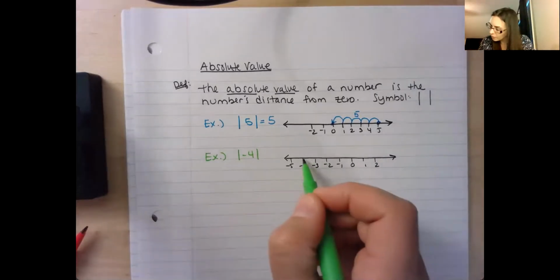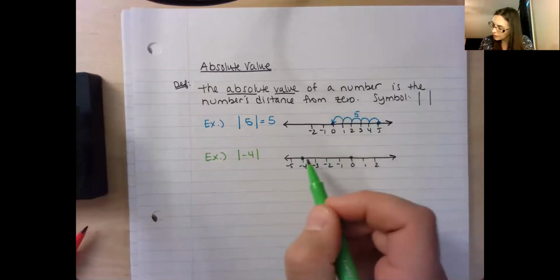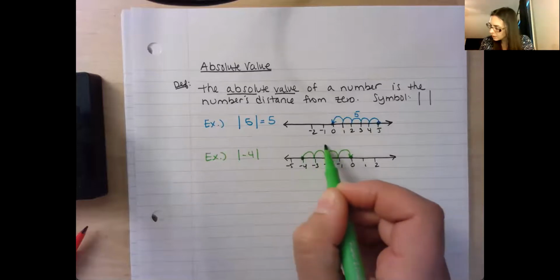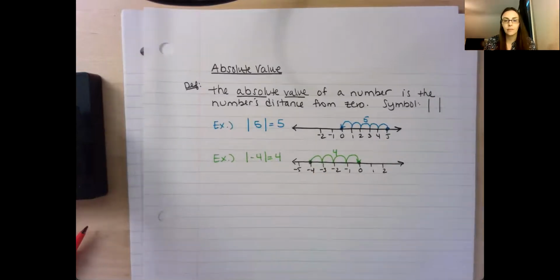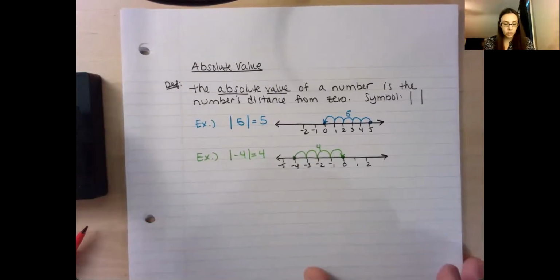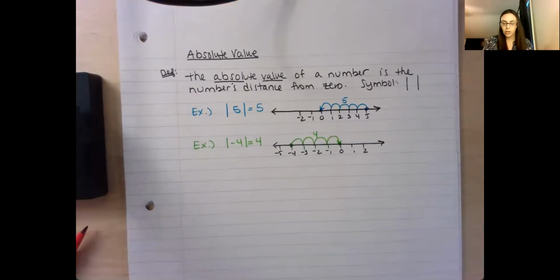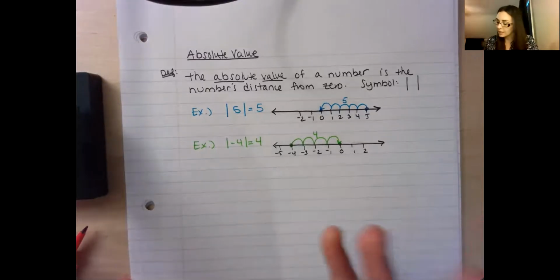So here I am at -4, and the definition is that it is the distance to 0. So if I count up, I go 1, 2, 3, 4 units to get to 0. Now, I encourage you to try a few more examples here, and hopefully you will see the pattern. And what you want to notice is that your distance is always positive. So distance is not negative. Distance is always a positive idea.